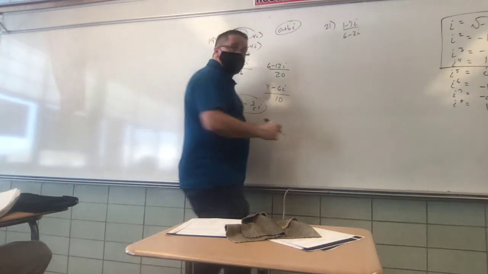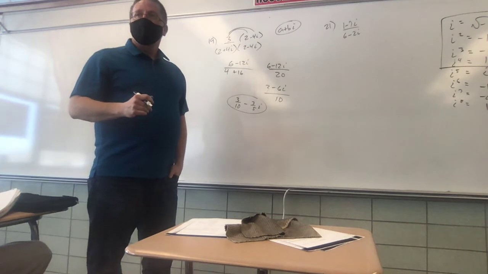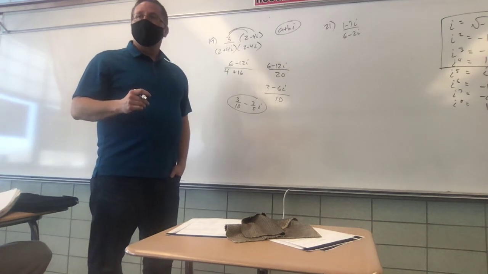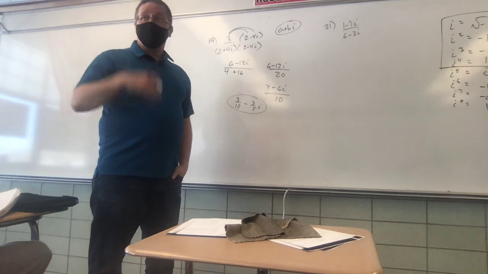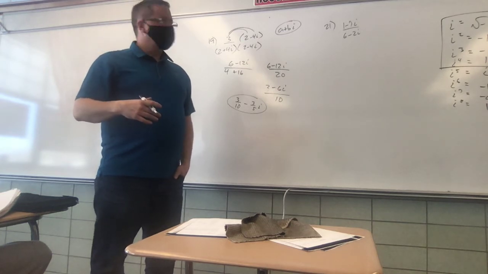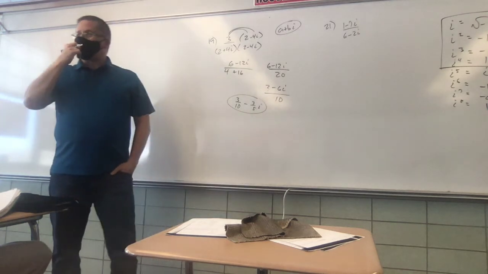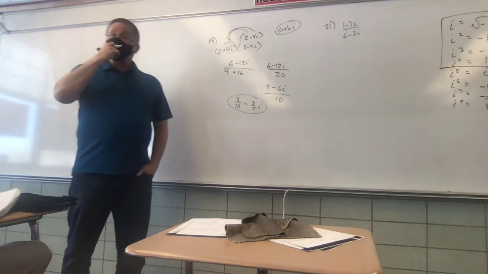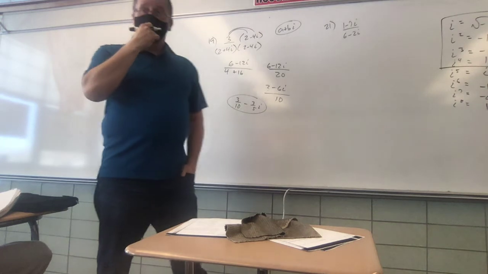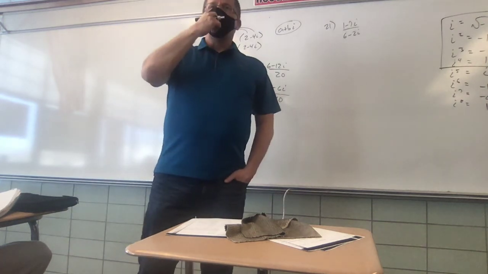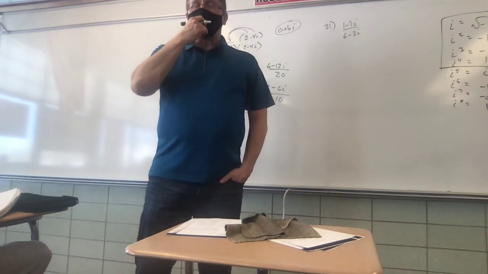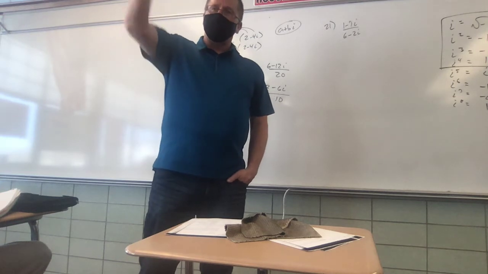Wait, timesing the top and bottom right now by the conjugate will get rid of both imaginary parts? The conjugate of what? Just the bottom. We said we're going to times the top and the bottom by the conjugate of the bottom. I asked, could we times the top and bottom by the conjugate of the top? Ugh, that's hard to say. We can do that, but all that does is get rid of the imaginary numbers on top.